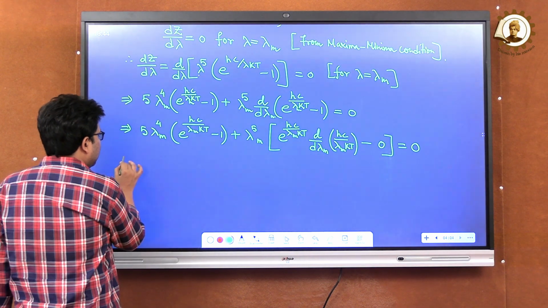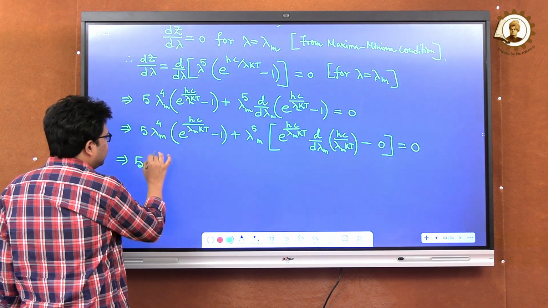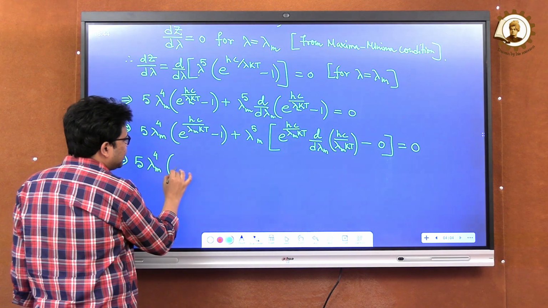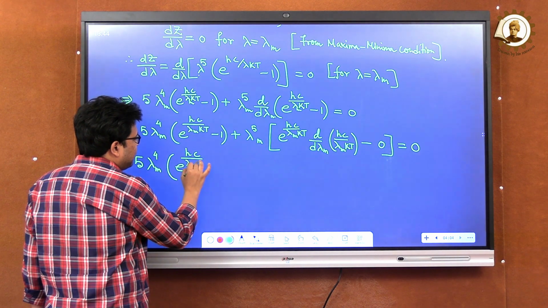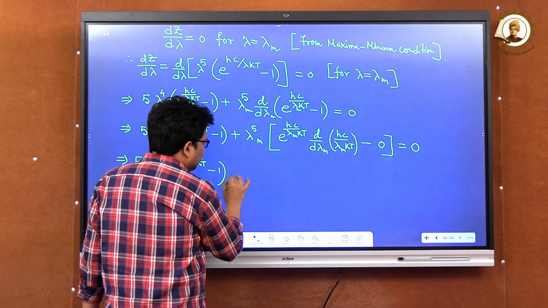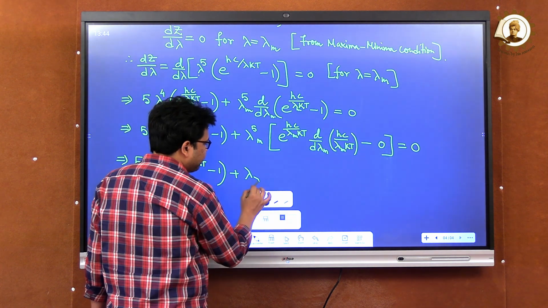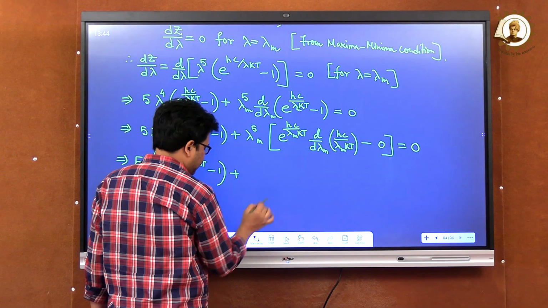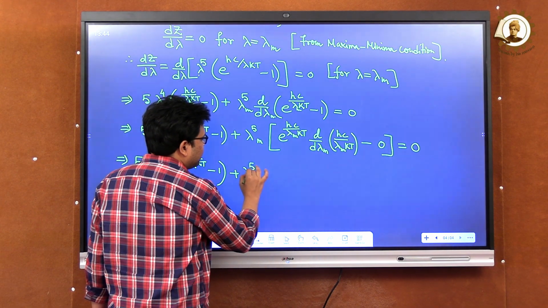After some simplifications, on the next line we have e to the power hc by lambda m kT minus 1 plus lambda m to the power 5.